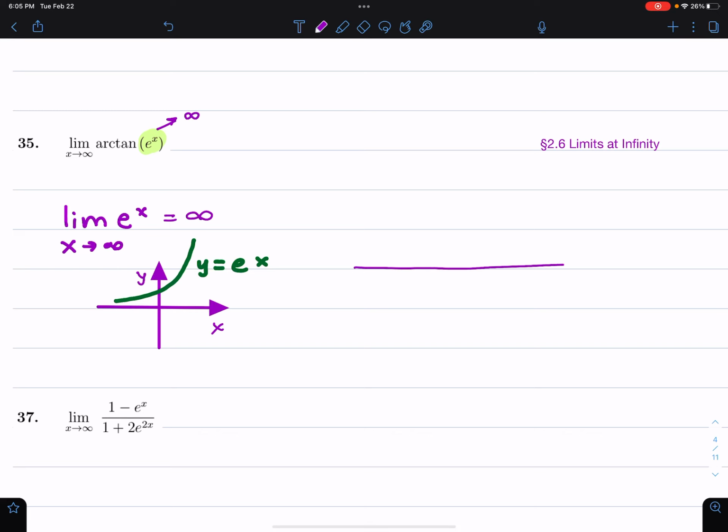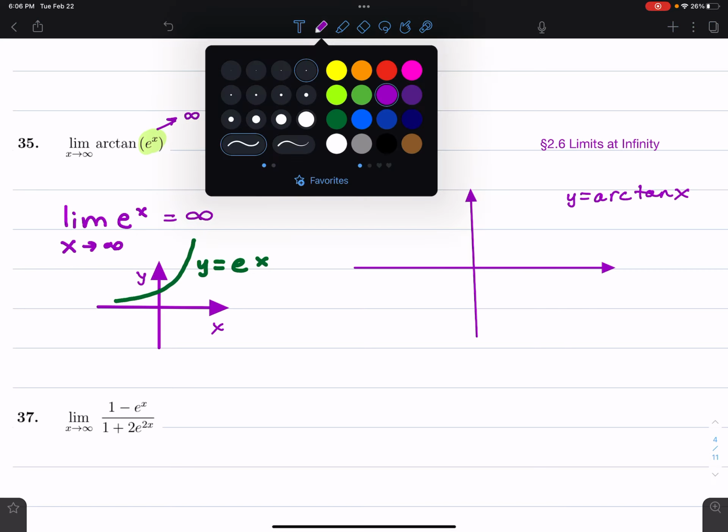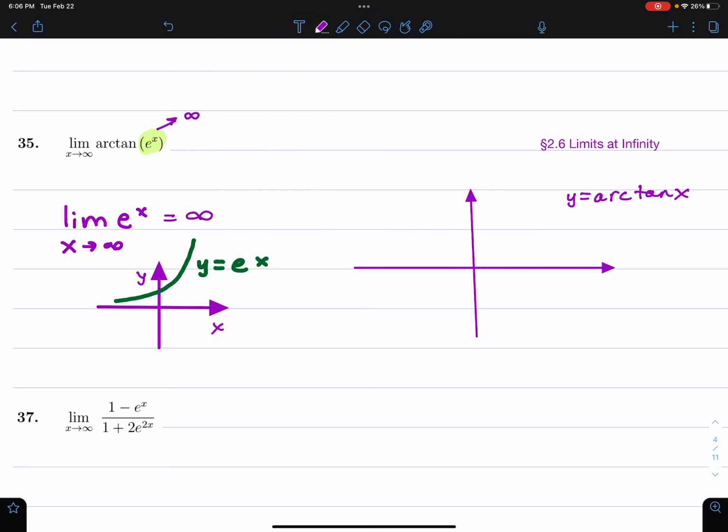On the other hand, I start playing around and looking at the graph for arctangent x. So here's y equals arctan x. I could explain this quite a bit, but instead I'll just say, let's memorize this graph. It has some similarities to the tangent graph.